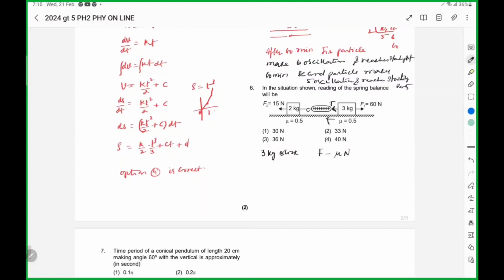Let us write tension, which is equal to 3a. So here, this is N1, and N1 is nothing but 3g. So here F is equal to mu, which is 0.5, mu into N1 plus T plus 3a. This is one equation.